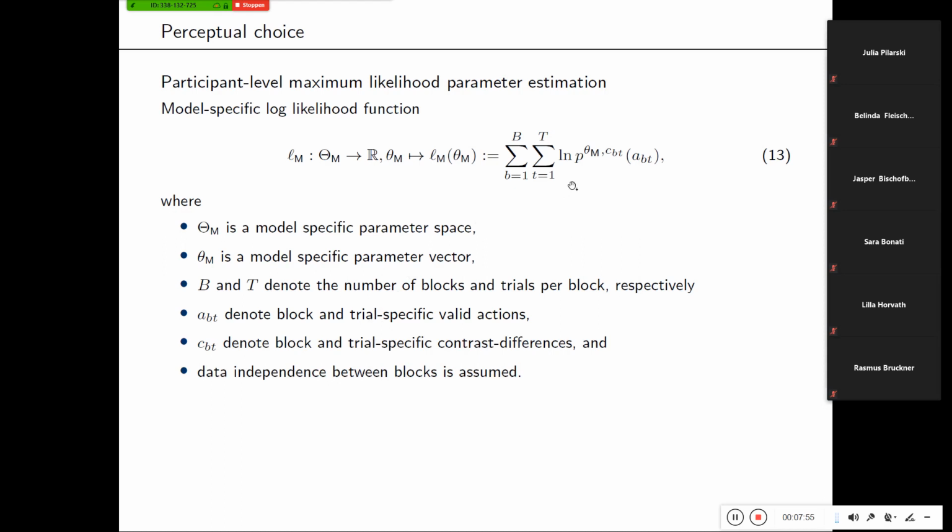This is if you're programming this up, and also you look at the code that you find there, the log likelihood function is always fairly similar to the simulation function. So if you simulate the agent, you of course sample these probability distributions.